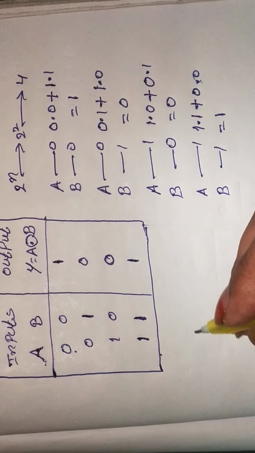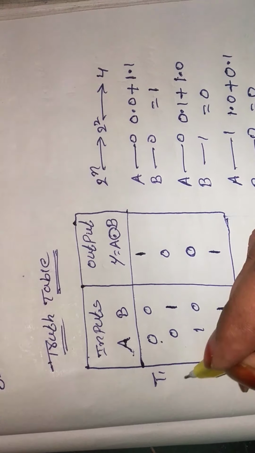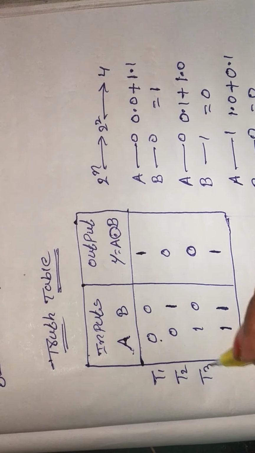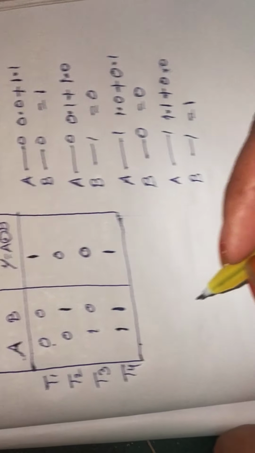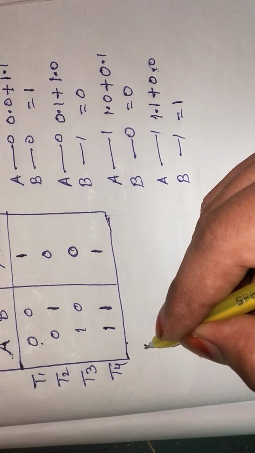And the timing diagram. Here we take 4 different times: T1, T2, T3, T4. Timing diagram of XNOR gate.